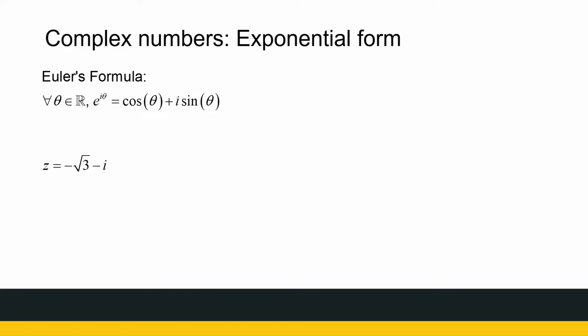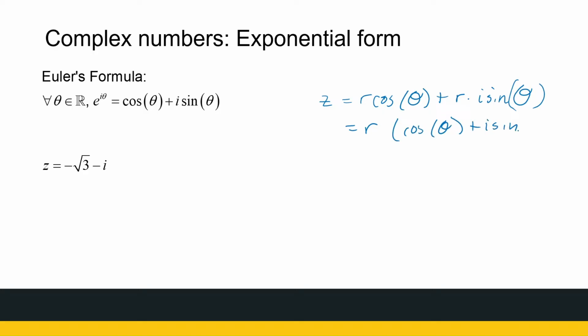Well, we already know we can represent a complex number as r cos theta plus r times i sine theta. Well, that means if we look at Euler's formula, that's r times cos theta plus i sine theta, which is r times e to the i theta.